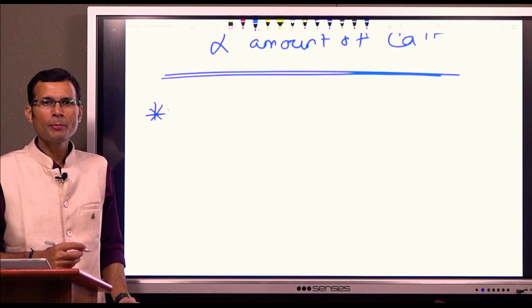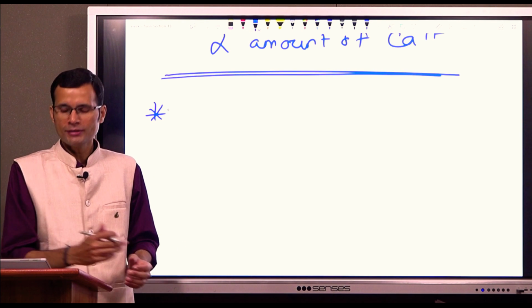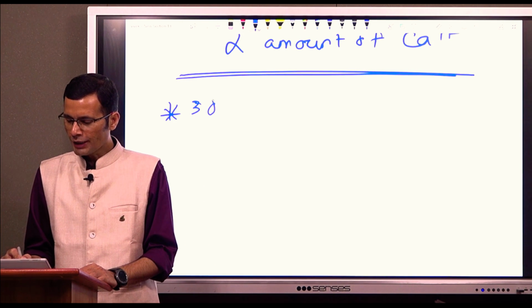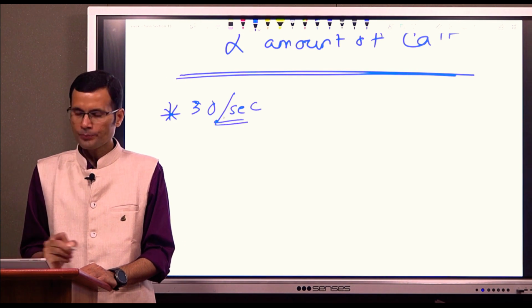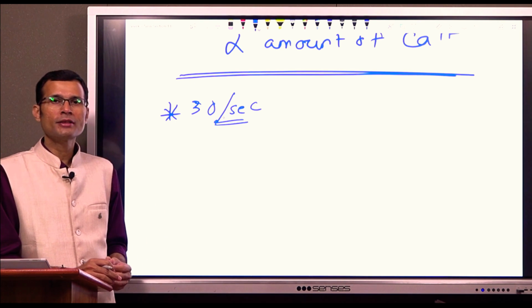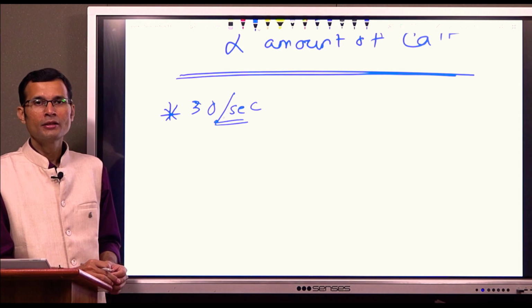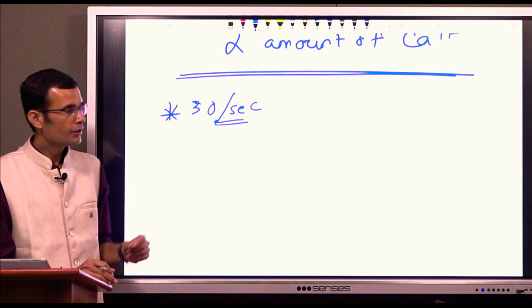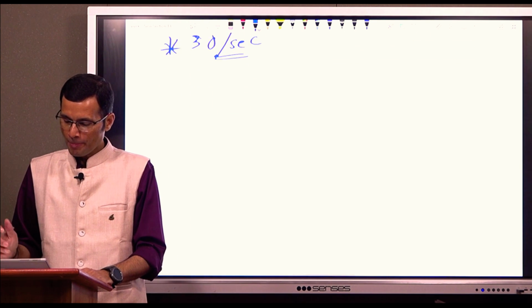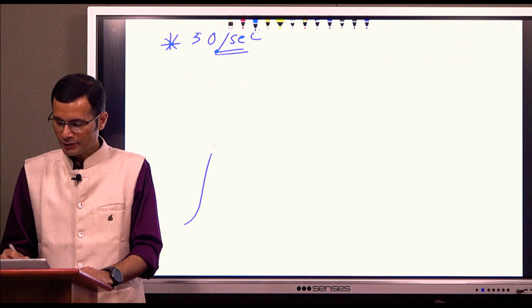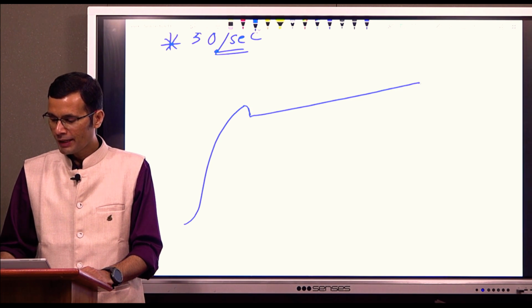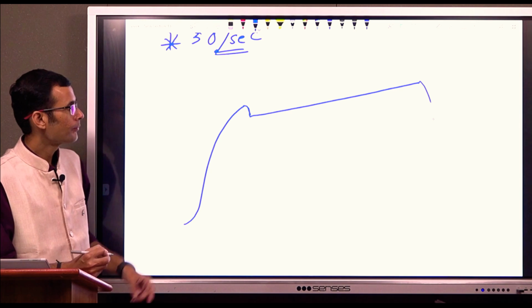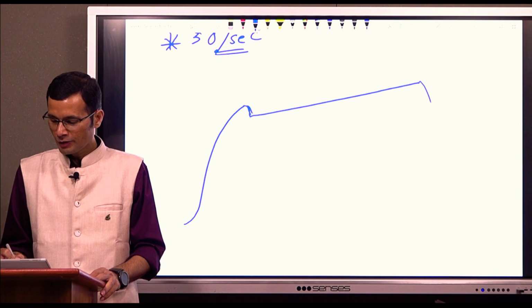If I stimulate the muscle with a very high frequency, let's say 30 times in a second, then what's the result? What do I get? I get the graph like this: muscle contraction, and then it remains in a contracted state. This is what I get.